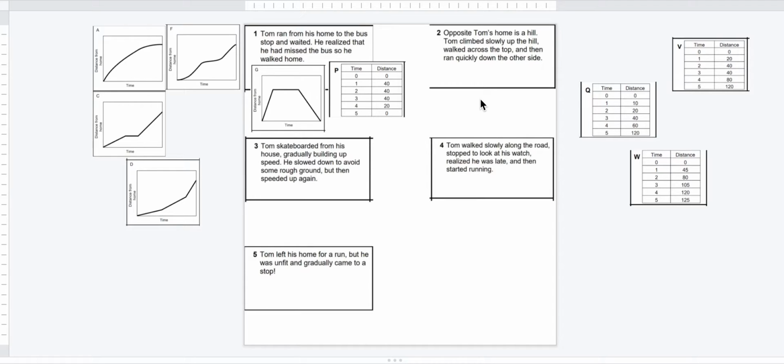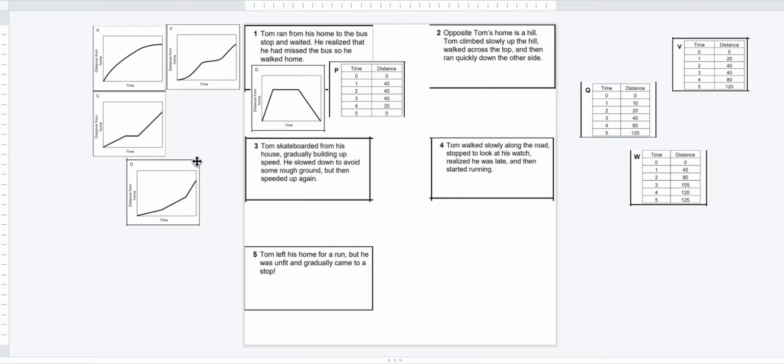So let's look at these graphs and think which one shows we're going slow, then we go a little faster, then we go even faster than that, okay? So kind of missed right here. This one does have a time where you're stopped. Okay, here, that does not look like the pace has changed here.